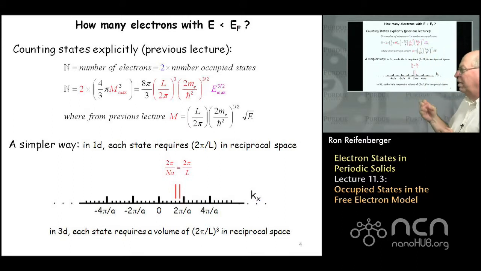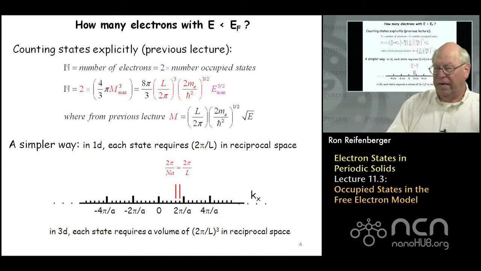It relies on this idea that there's a fine-grained structure for the electron states. So these values of k, let's say k sub x, it could be just as well ky or kz. These values of k sub x are separated one from another by 2 pi over L, where L is the dimension of the crystal in the x direction.